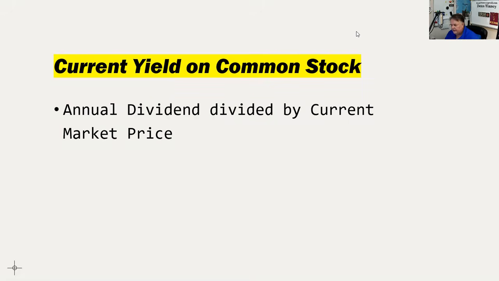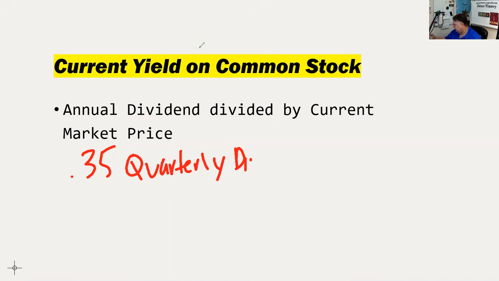There's no draw in which you're not going to have to do current yield. Let's just make up one. A company has a quarterly dividend of 35 cents, and the current market price of the stock is $30.